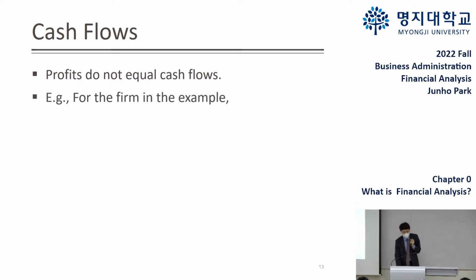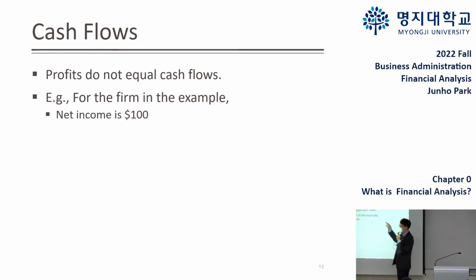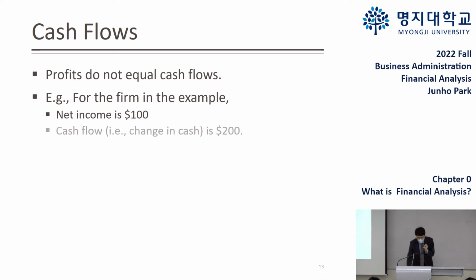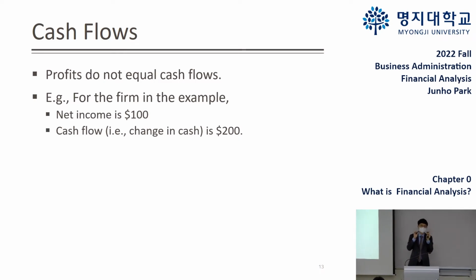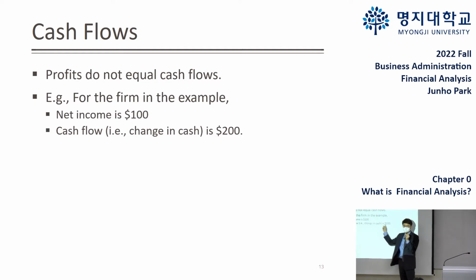In our previous example, from an accountant perspective, you earned $100 by selling the merchandise, but your cash flow was $200 because you started with 1,000 cash, but you ended up with 1,200 cash. So the change in cash was $200. So sometimes they could be different from each other.